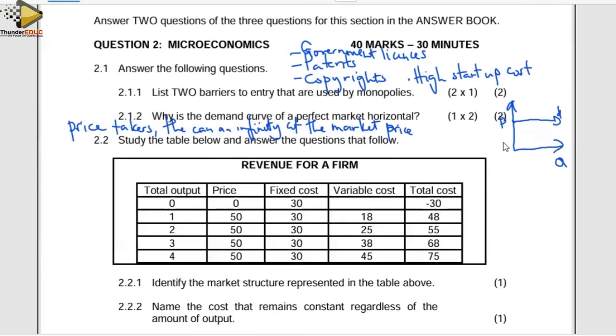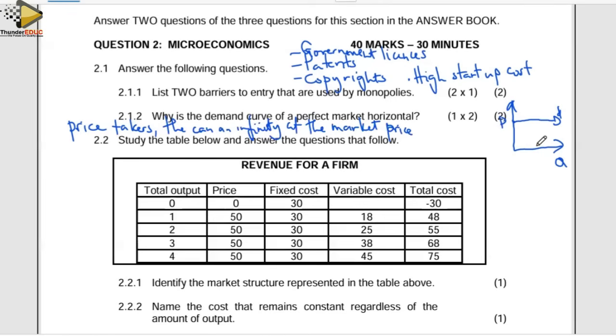Meaning to say, a business can sell as much as they can at that particular price, because the price comes from the market force of demand and supply. The business has to accept the industry price, which has been set by the total aggregate demand of the market and the aggregate supply. Hence, they cannot charge a higher price. Any price higher or any price lower than the market price gives zero revenue.